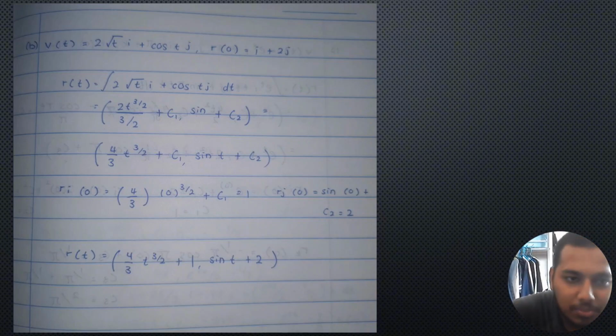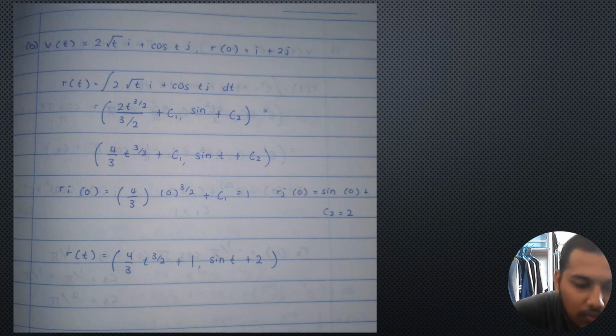Okay, for question b, we just write it back, and then we make some integration. So we need to simplify it, and of the cos, we need to change to the sin, and then we get 4 over 3 t to the power of 3 over 2 plus c1 sin t plus c2.